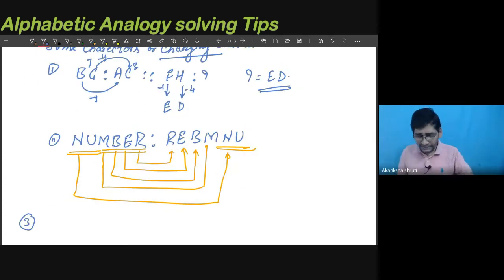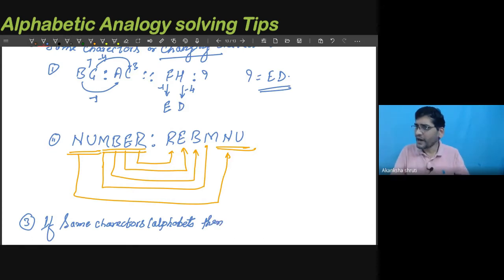So if it is the same characters, then observe the variation among themselves. If the same characters, meaning the same alphabets, then observe how the position is interchanging.